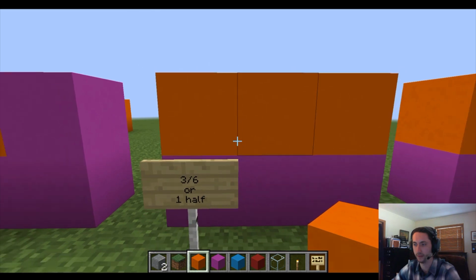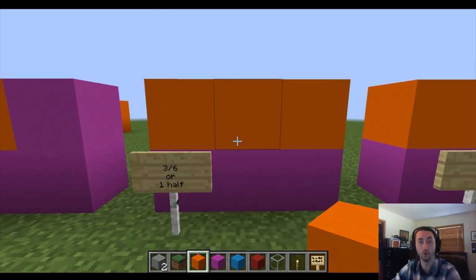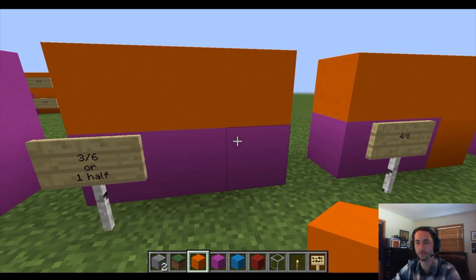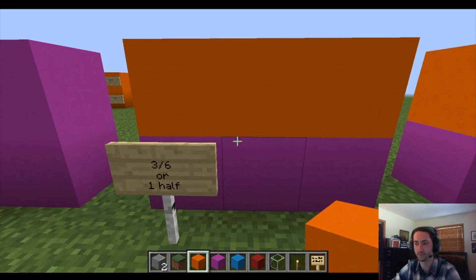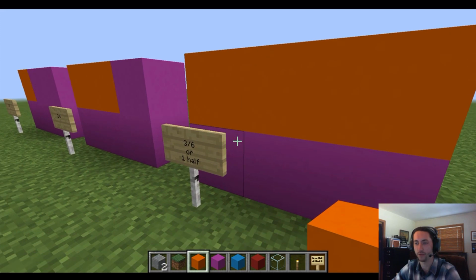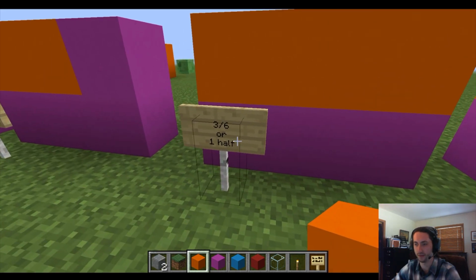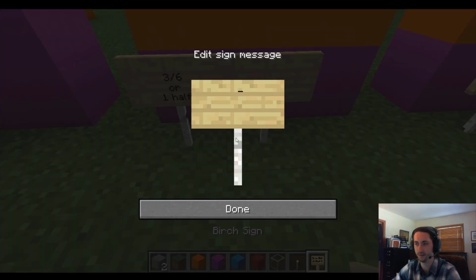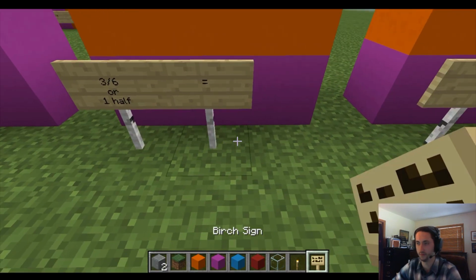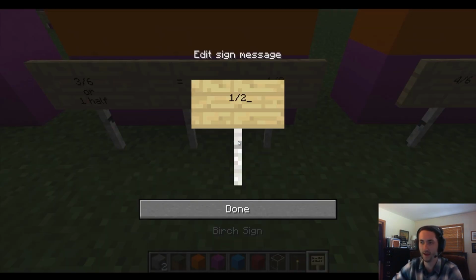What? That is one of the cool patterns and connections of fractions. There are fractions with different names that are equal to each other. So in this case, 3/6 equals 1/2.